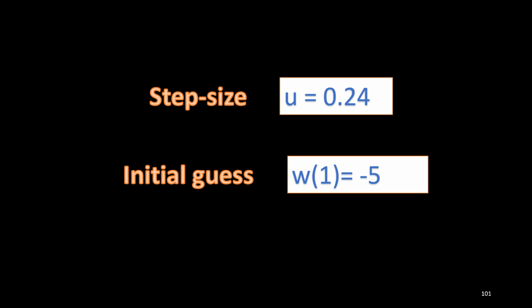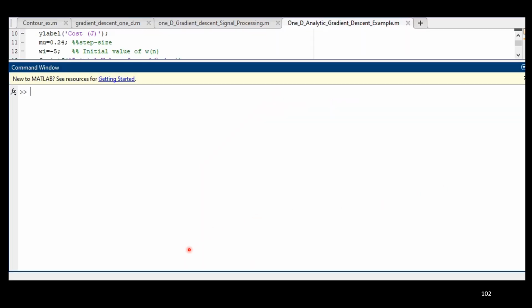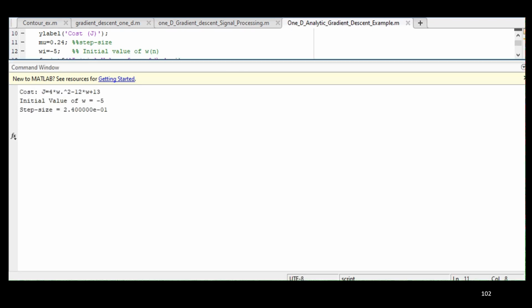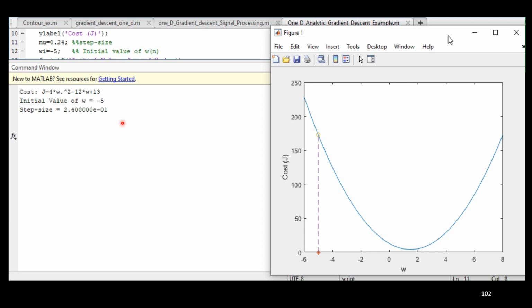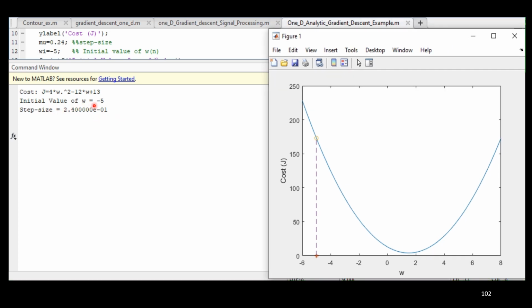Now we'll increase it further, mu equal to 0.24. Then what will happen? So here you see the step size value is 0.24.